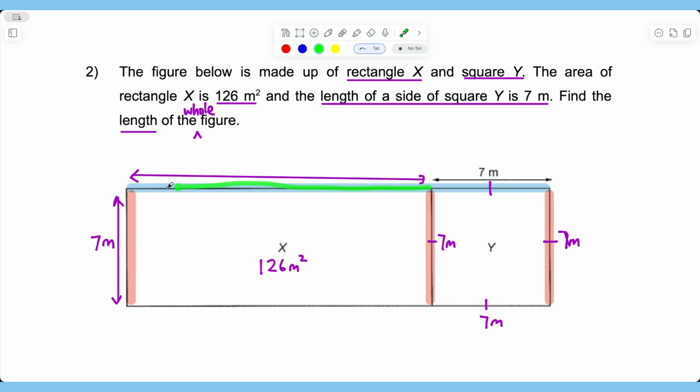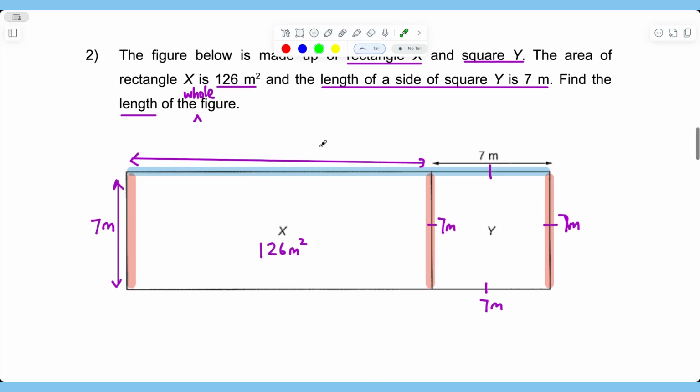So if we know that for this rectangle, the area is 126 meters squared, we have the breadth. How do we find the length? We can take 126, which is the area of the rectangle X, divided by the breadth, which is 7.